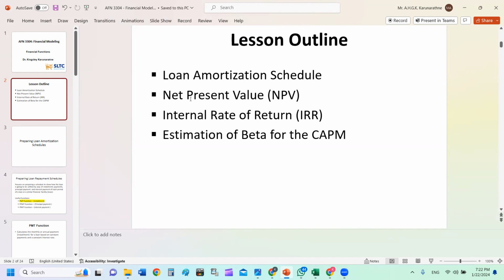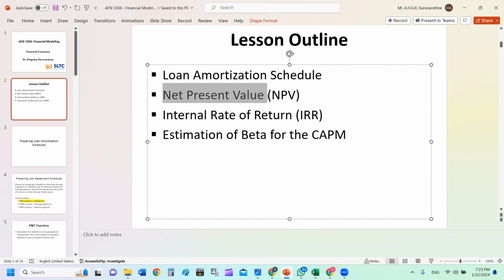facilities, right? Then we discuss net present value and internal rate of return and estimation of beta factor for CAPM. So actually we are not going to discuss the theoretical aspect of net present value, internal rate of return, estimated beta factor.